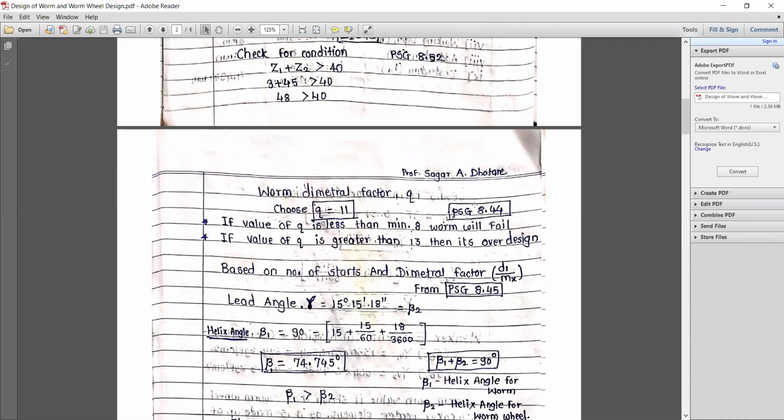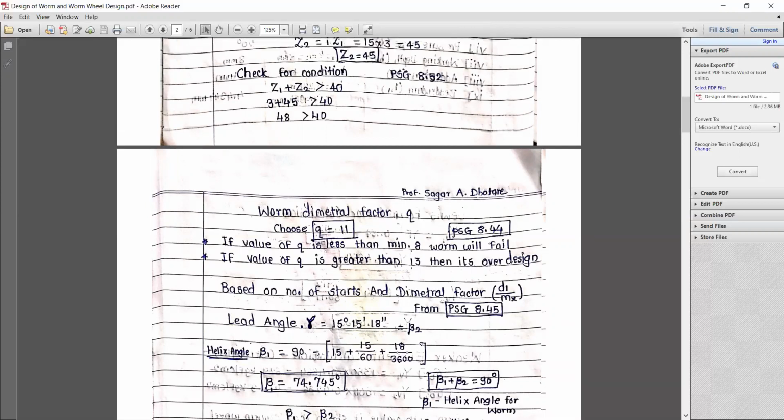If it is smaller, then the efficiency of the worm gear pair is higher. If you increase the value of q, the strength of the worm increases. If you reduce the value of q, the efficiency of the worm gear increases.